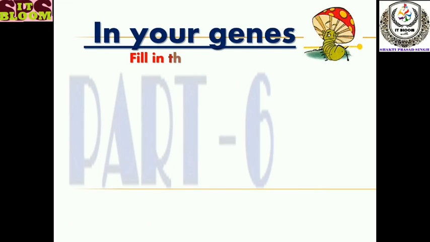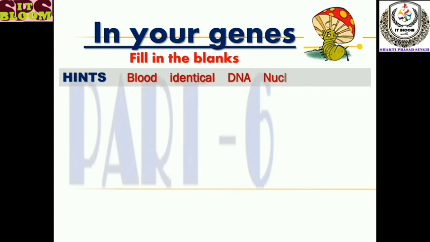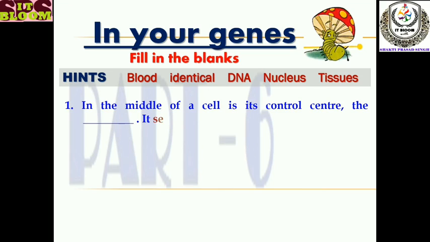Now let's start the fill in the blanks questions. Before it, here are the 5 hints. So now we are going to solve 5 questions. Question number 1. In the middle of a cell is its control center, the dash.